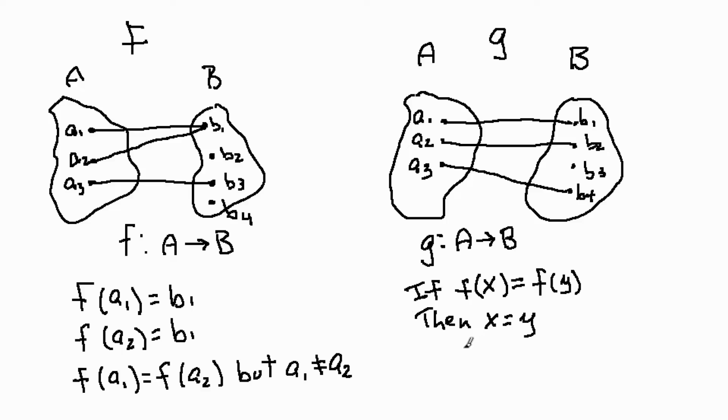Okay, this statement over here is not true for this function, but it is true for that function. And this is a very special situation over here. In this case, we would say G is 1-to-1. And sometimes that is abbreviated this way.